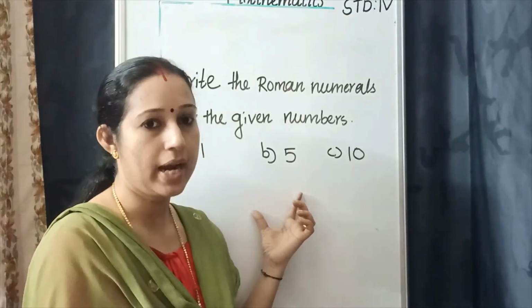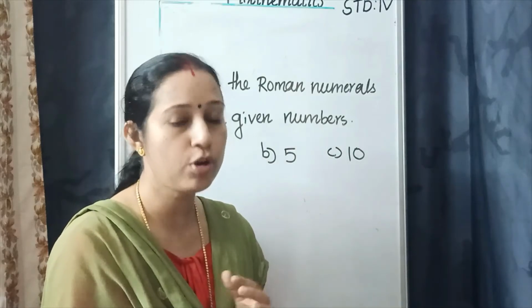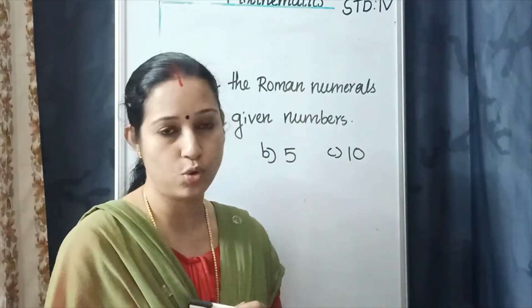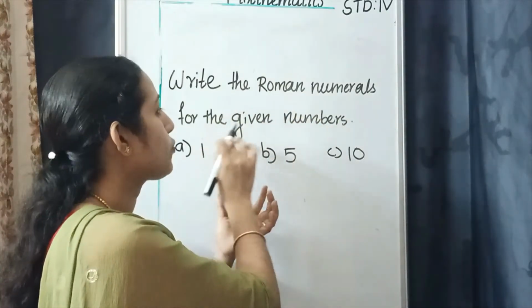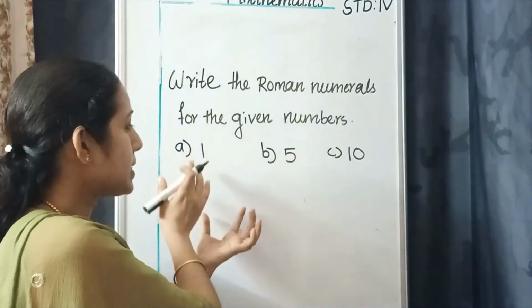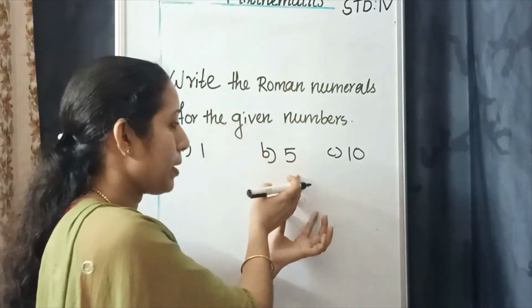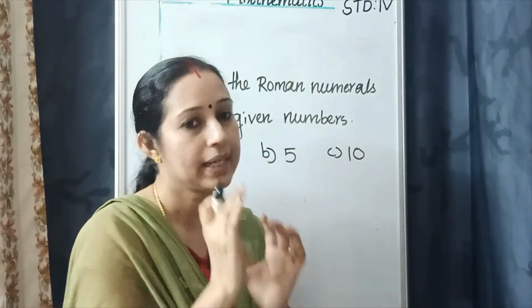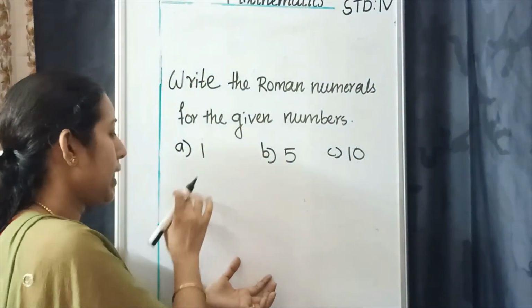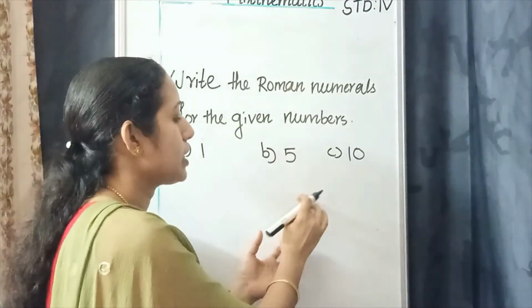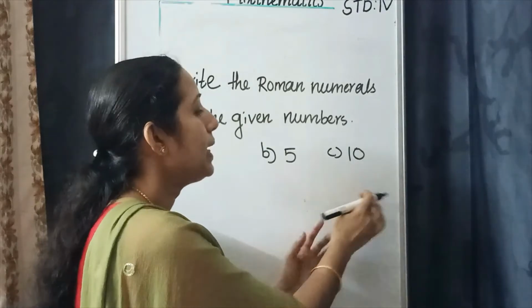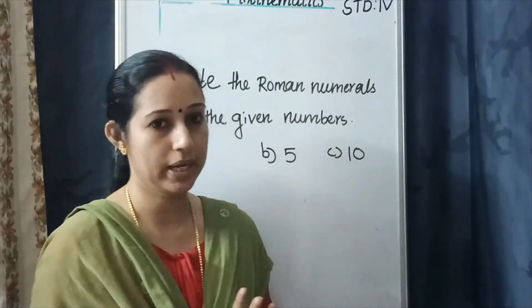Write this question in your rough book or the back side of your maths notebook. Then write A1 is equal to its Roman numeral, B5 is equal to its Roman numeral, C10 is equal to its Roman numeral.